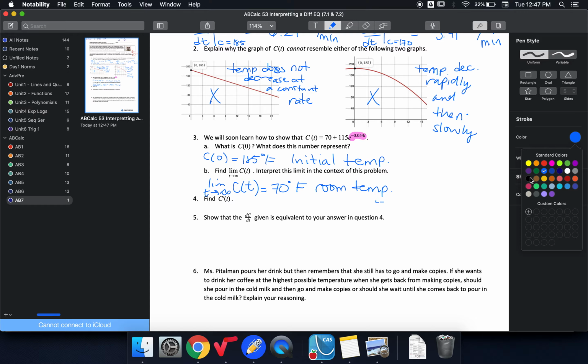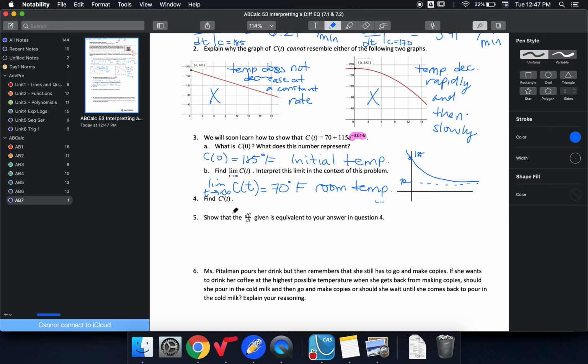So like we said, we anticipate that this graph looks something like this. And now that we have the equation, we know what it actually looks like. It does this sort of idea with an asymptote at 70 and an initial temperature of 185. So decreases rapidly and then slowly.